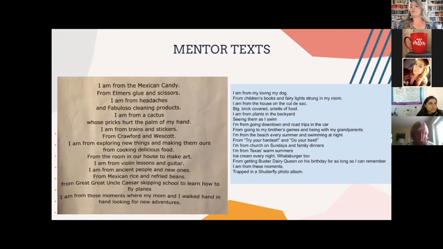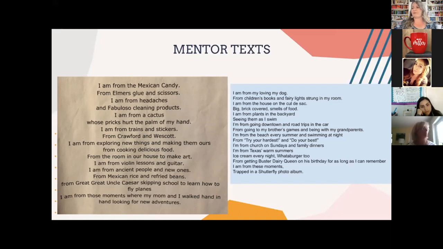I am from exploring new things and making them ours, from cooking delicious food, from the room in our house to make art. I am from violin lessons and guitar. I am from ancient people and new ones, from Mexican rice and refried beans, from great Uncle Caesar skipping school to learn how to fly planes. I am from those moments where my mom and I walked hand in hand looking for new adventures.